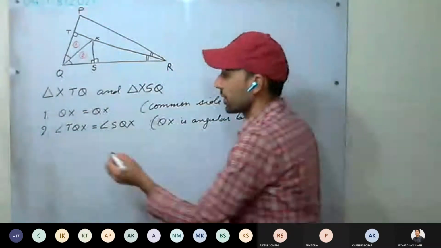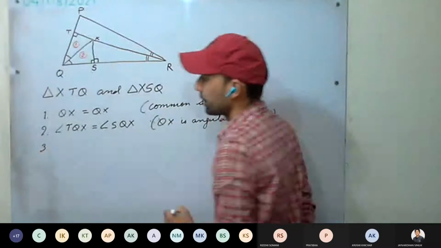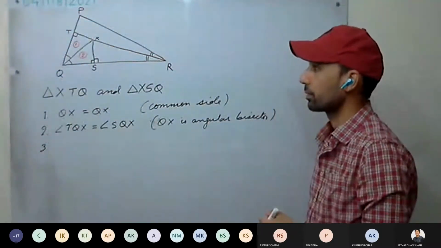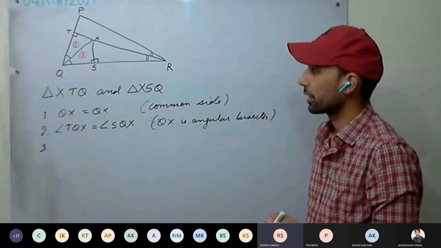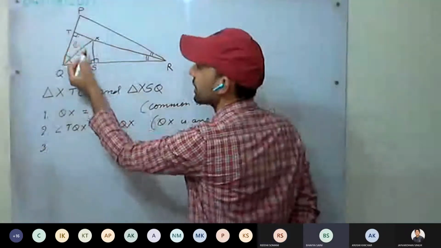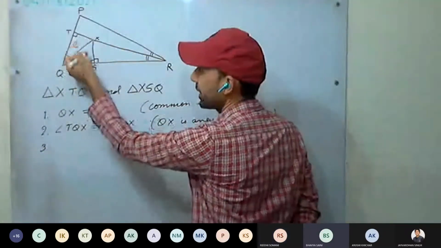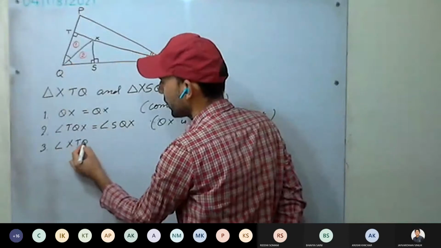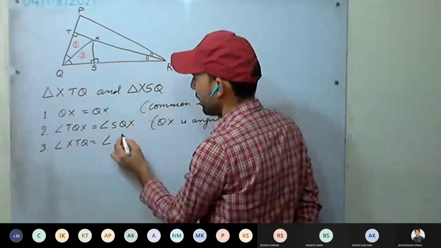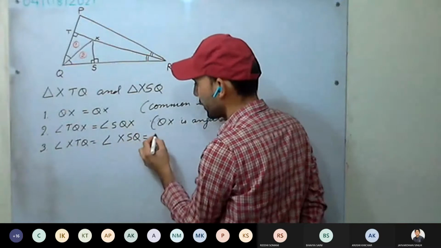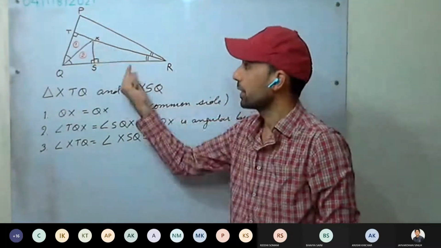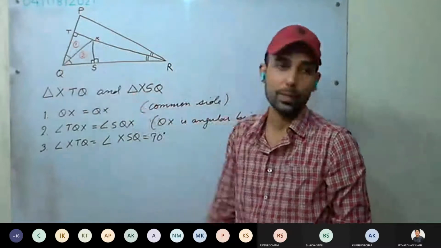One more thing we require. Sir, angle T and S are equal. They are 90 degrees. So we can write angle XTQ equal to angle XSQ equal to 90 degrees, since it is given XT is perpendicular to PQ.